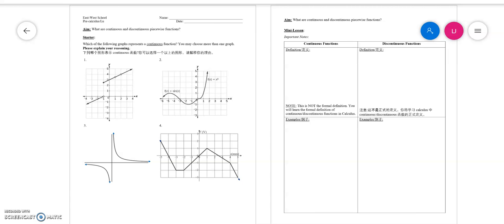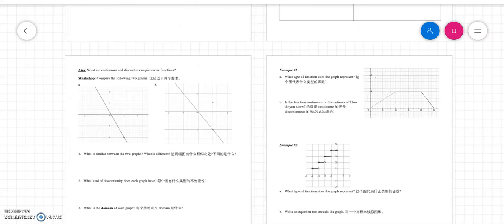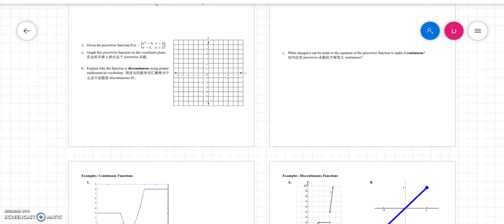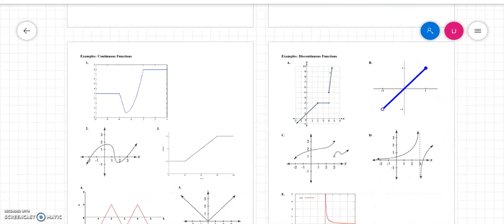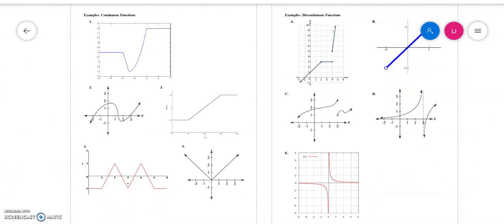So before I give you the actual answer, I'm going to scroll down here and show you these graphs. So on the left, these are all examples of continuous functions. And on the right, these are examples of discontinuous or non-continuous functions.